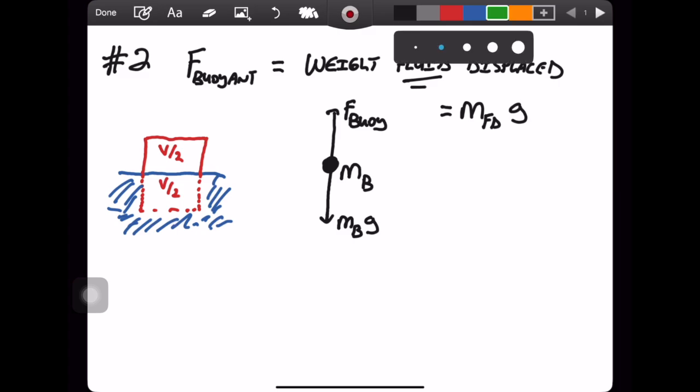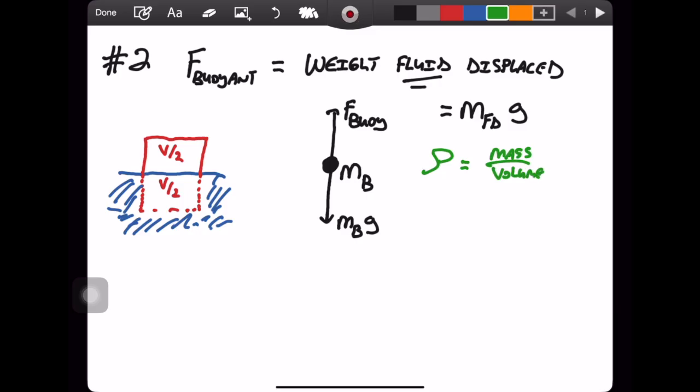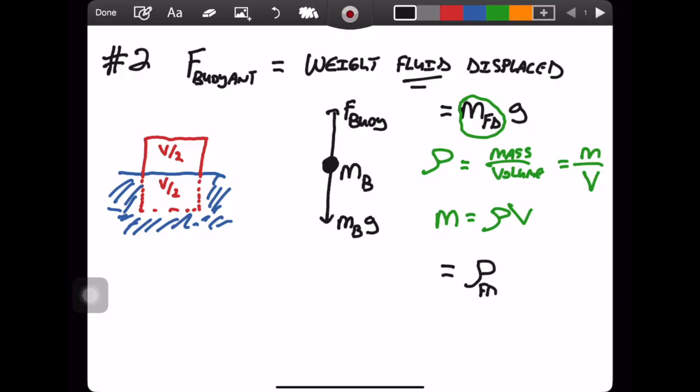Density, for which we often use the Greek letter rho, is defined as mass per volume, which is simply m over V. If density equals mass per volume, then mass equals density times volume, by simply multiplying both sides by capital V. So I can rewrite this term as the density of the fluid displaced multiplied by the volume submerged.